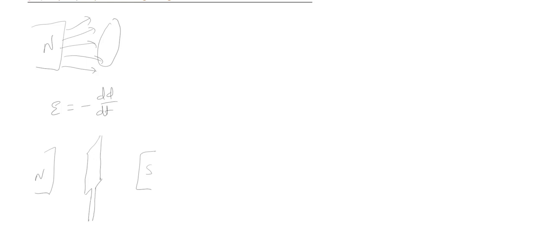Right now the magnetic field lines are going from north to south, and if I consider the area vector to be in the same direction, I can say that the flux linkage phi is NBA, actually NBA cos theta. For now, the angle between B and A is 0, so cos theta is not relevant, but just to remind us, I mentioned it.